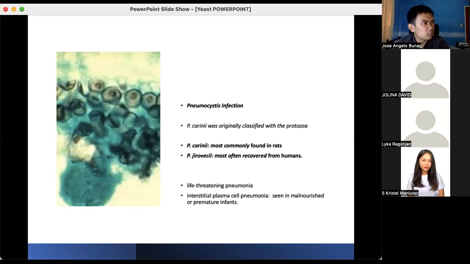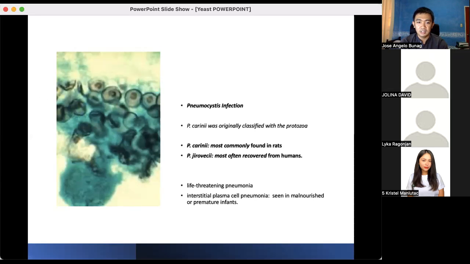Basically, this is via the widening of the alveolar septa with infiltrates of your mononuclear cells, leading to foamy exudates within the alveolar spaces.